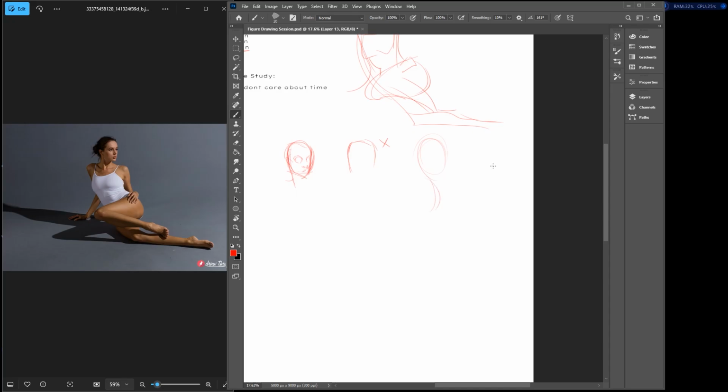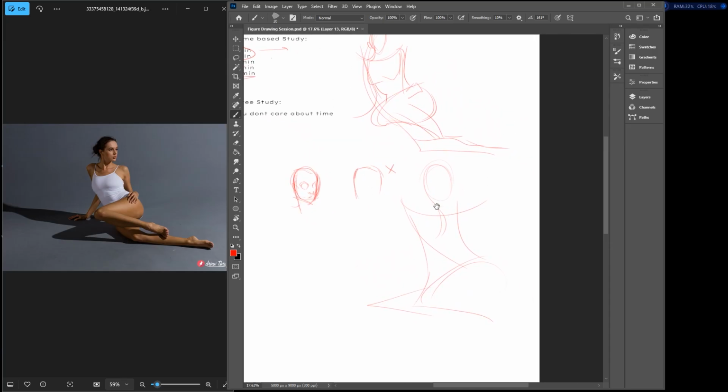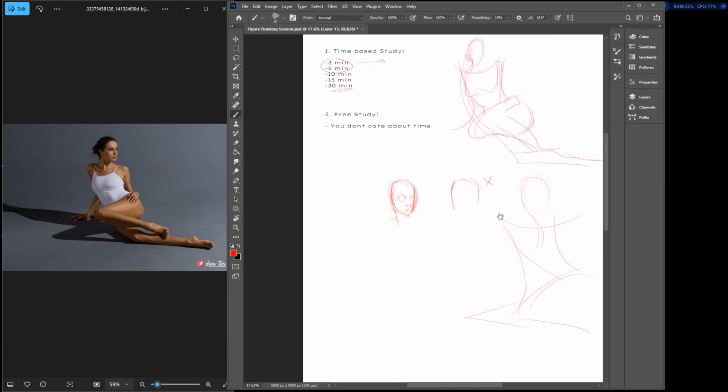Okay, like this. Your lines are dynamic and they are flowing. And if there are two major things that figure drawing teaches you, it is one of these. One of them is this one, free lines.